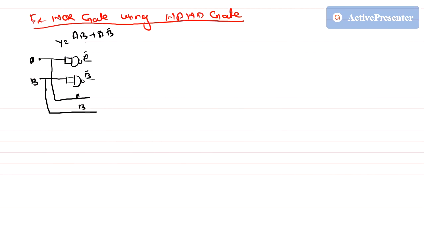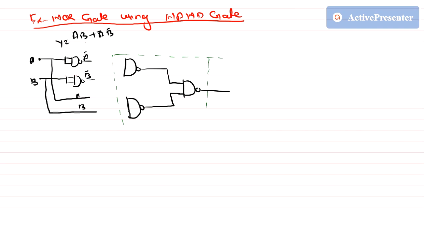So I will use a NAND gate here, another NAND gate here, and give the outputs to another NAND gate. So this is the OR gate I required.